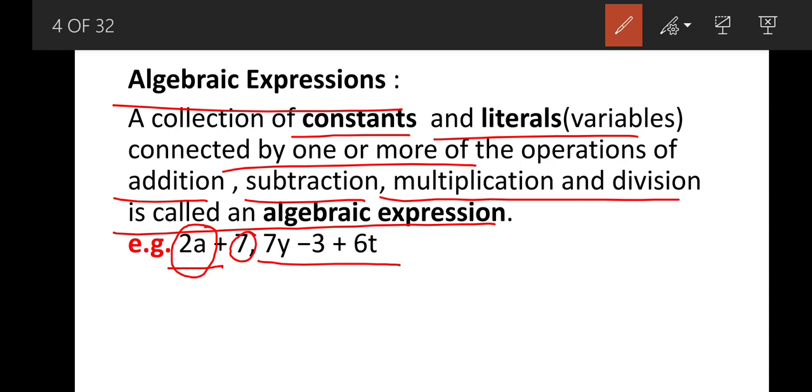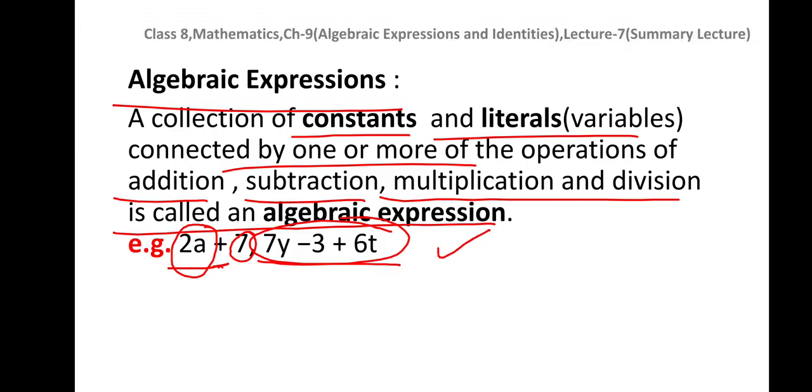They are connected together by plus sign. Likewise in 7y minus 3 plus 60, constants and literals are present in the expression and they are connected by plus or minus sign. So these two examples are the examples of algebraic expressions.